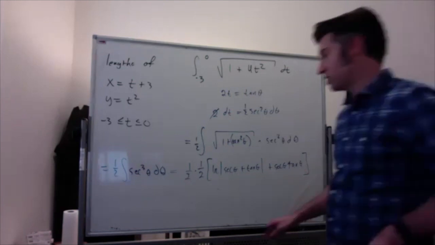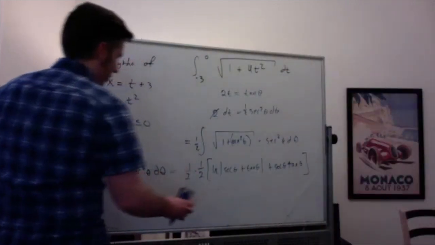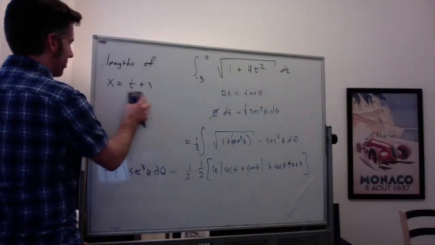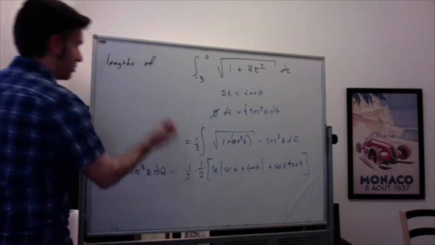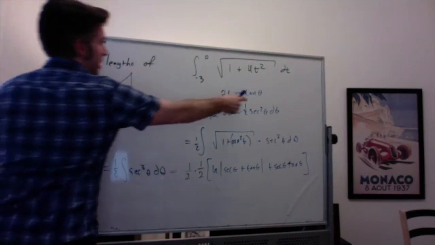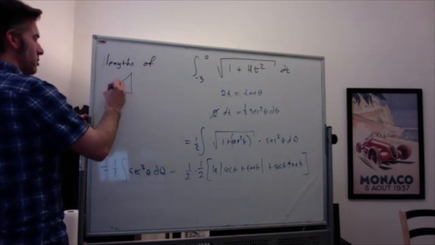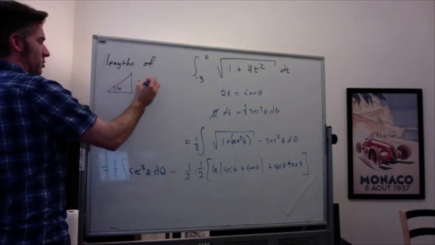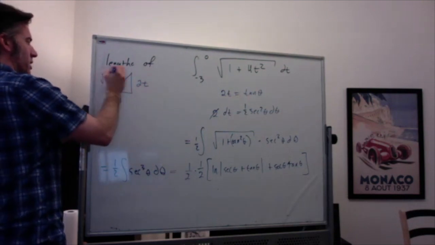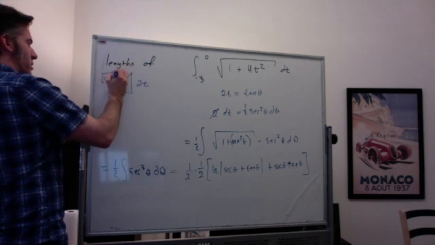So then we should use a triangle to figure out what secant and tangent of theta are. Tangent of theta is 2t, so tangent of theta is 2t over 1. The third side is the square root of 1 plus 4t squared.